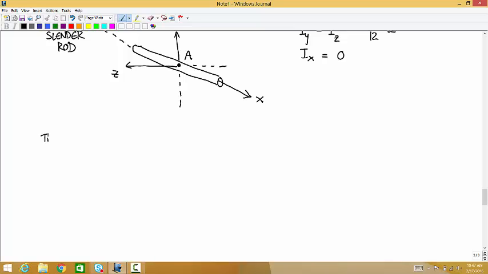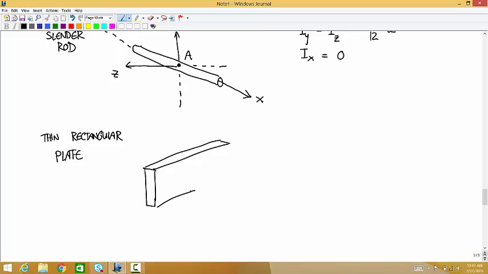The next one is a thin rectangular plate. So the x-axis is that way.